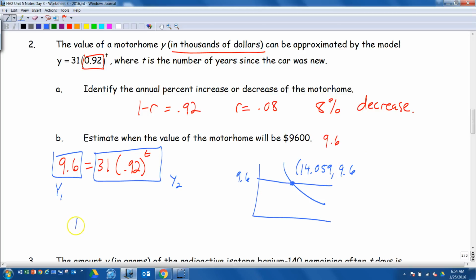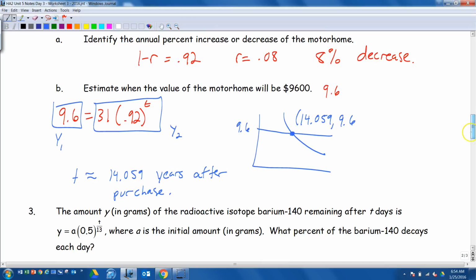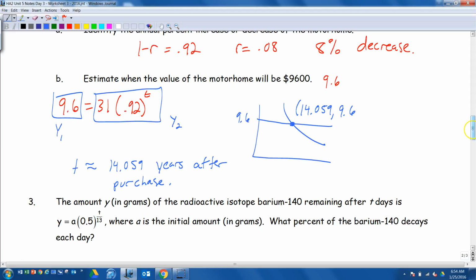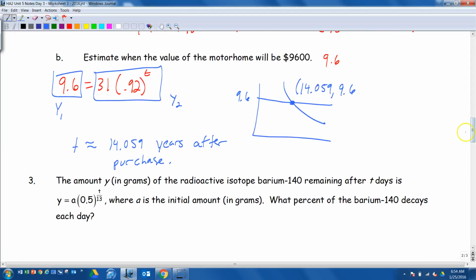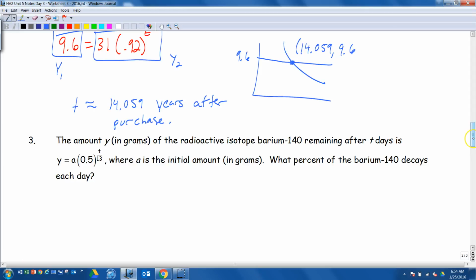So T is approximately 14.059 years after purchase. Okay. So that's just a review one. Again, if you need help with the calculator, I can help you in class. Or watch the video from the day before. I believe I did one of those in the calculator.